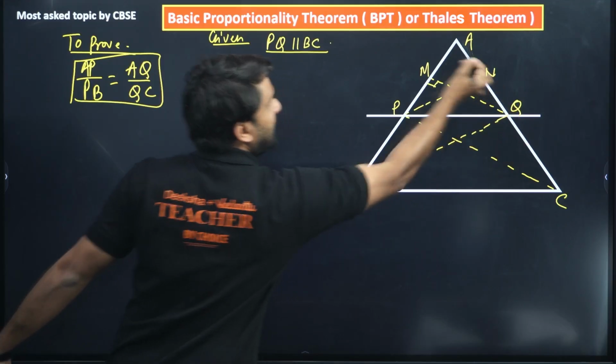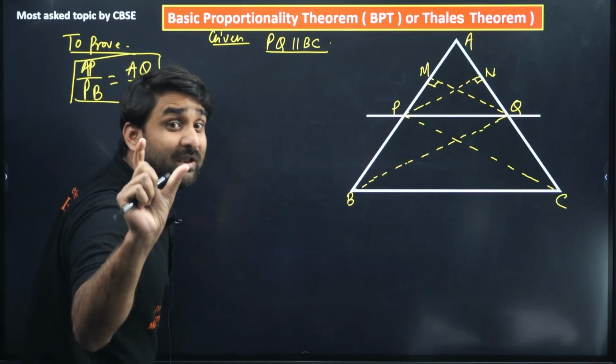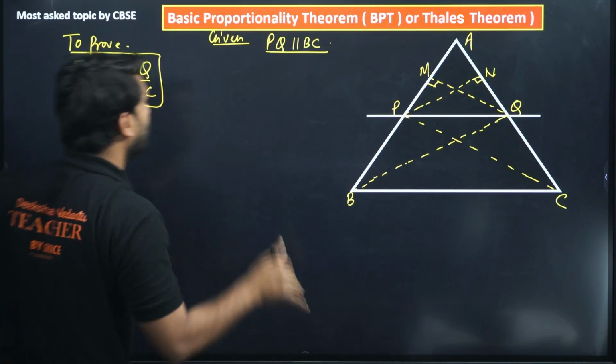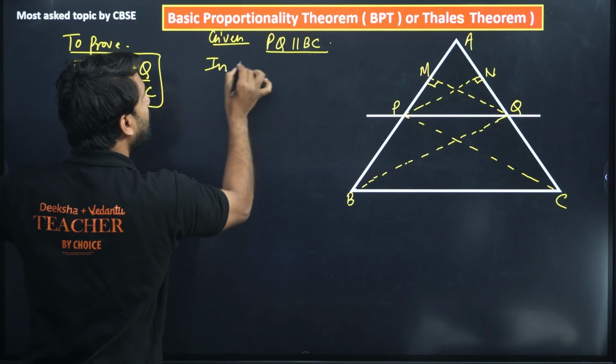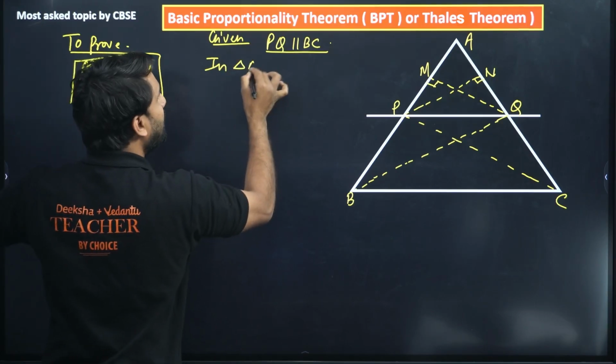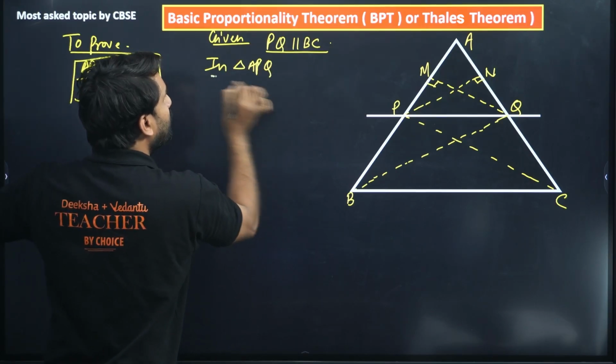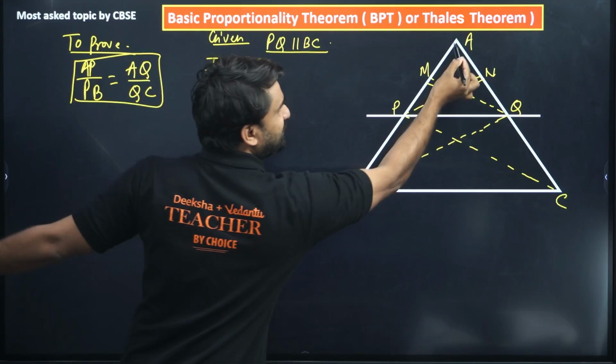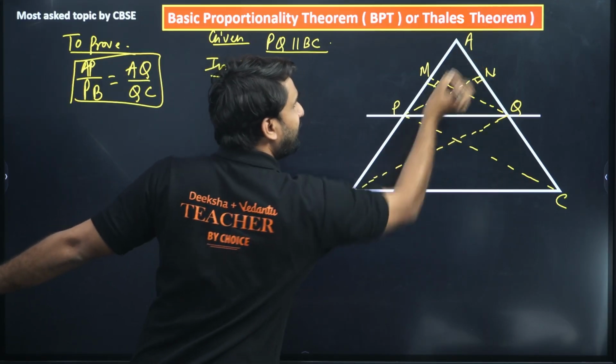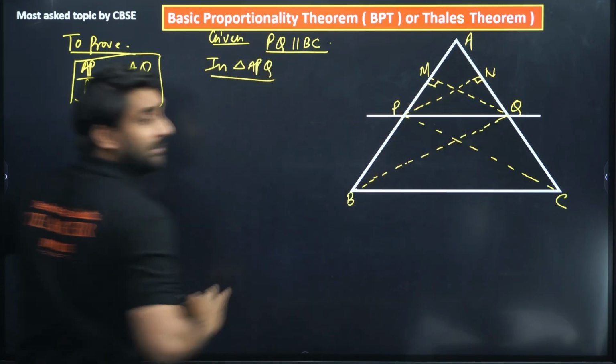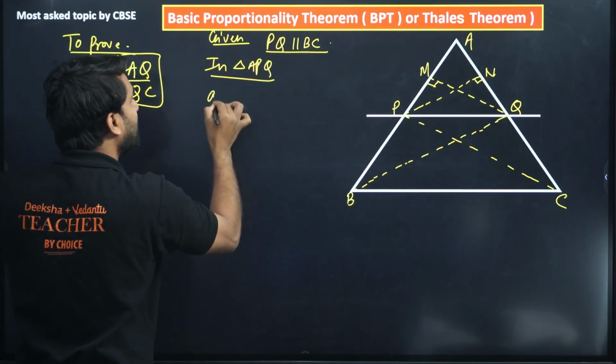Now come to triangle APQ. First treat the smaller triangle APQ. Look at triangle APQ. How can we write the area of triangle APQ?